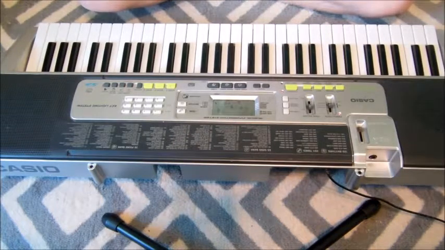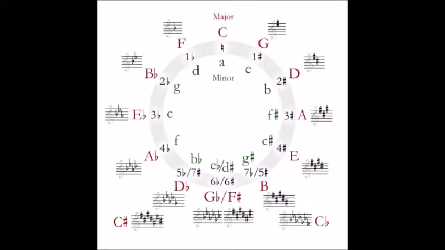To understand key signatures and how sharps and flats work together, look at this picture of the circle of fifths. You can see major keys with the red letters and the minor keys with the green letters. Around it you'll see a staff with a treble clef and some sharps or flats.